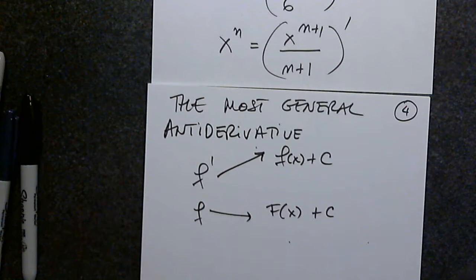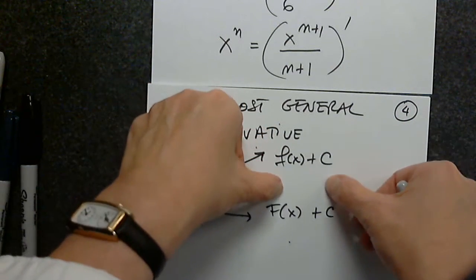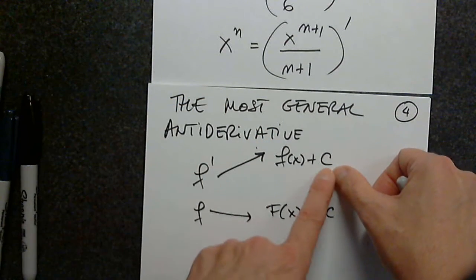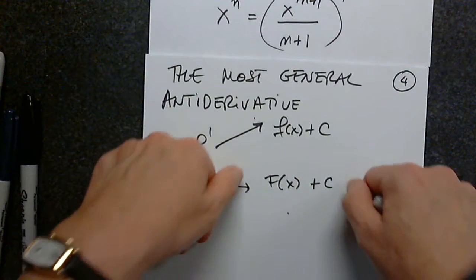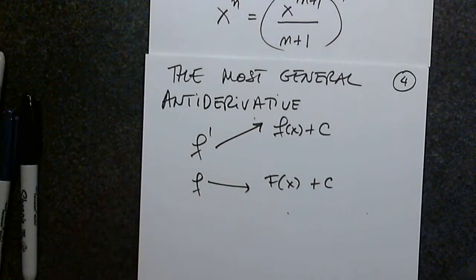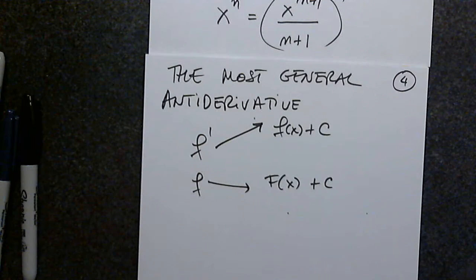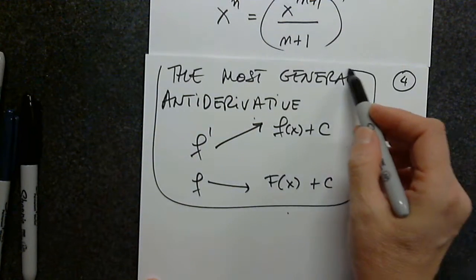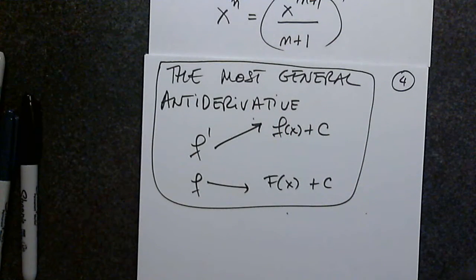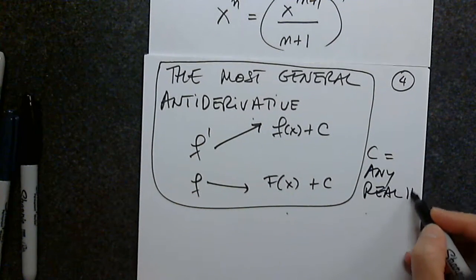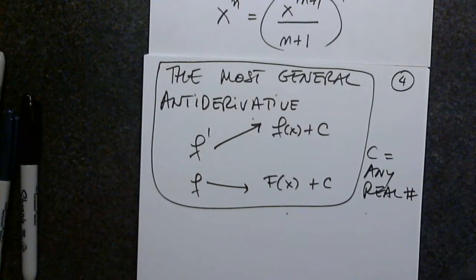Why? I have to show that when I differentiate this, I get this. Yes, of course, when I differentiate this, I get f prime and c prime is 0. When I differentiate this, I know the notation is different, so the derivative of this is f. When I differentiate c, I get 0. So this is the most general antiderivative, where c can be any constant, any real number.